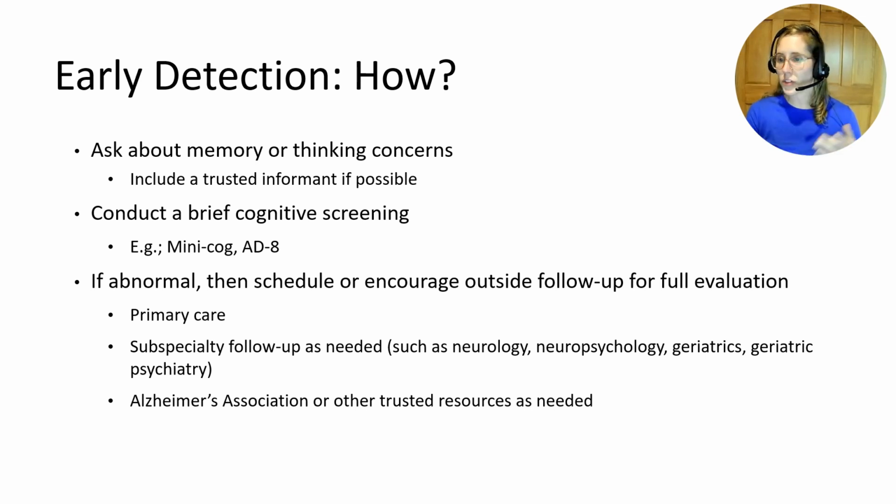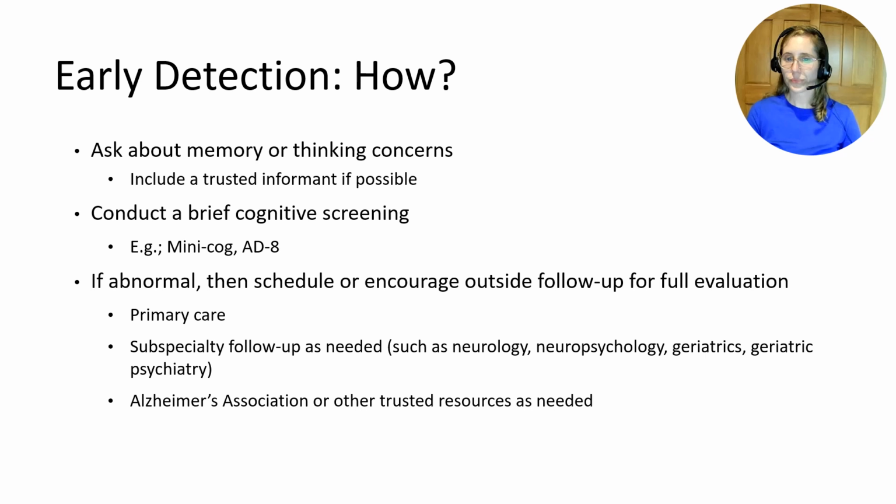Depending on the circumstances, maybe that's coming back to your primary care setting or encouraging someone to see their primary care provider, or maybe it's scheduling or encouraging subspecialty follow-up as needed, such as neurology, neuropsychology, geriatric psychiatry. And you can also point people to lots of different helpful resources online, such as the Alzheimer's Association, etc.